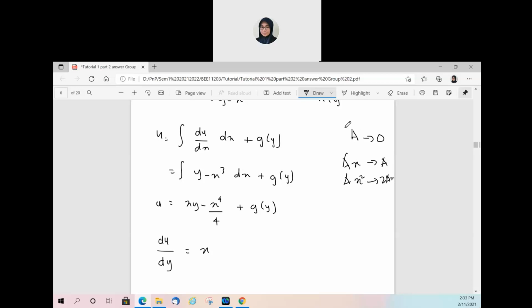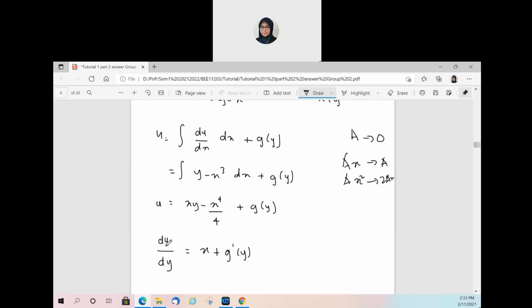Remember, if you differentiate a constant, you will get 0. Then plus g(y), you differentiate, you get g prime(y). This one does not become 0 because g(y) is a function of y.